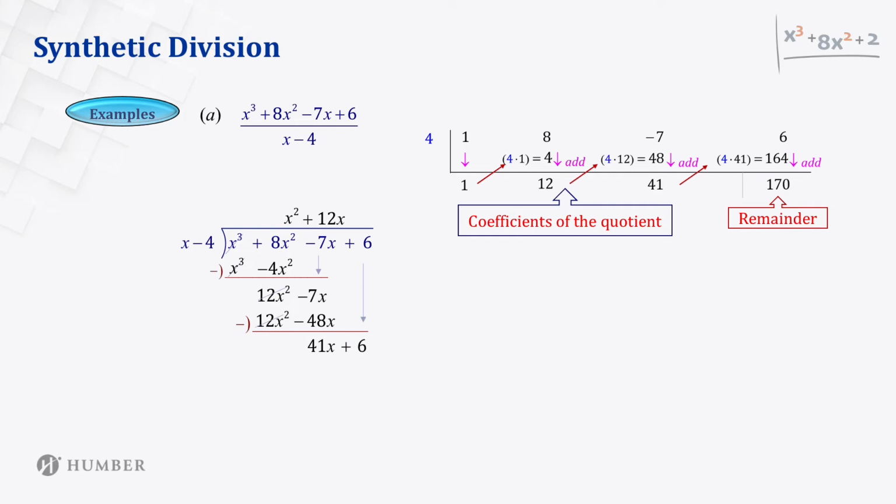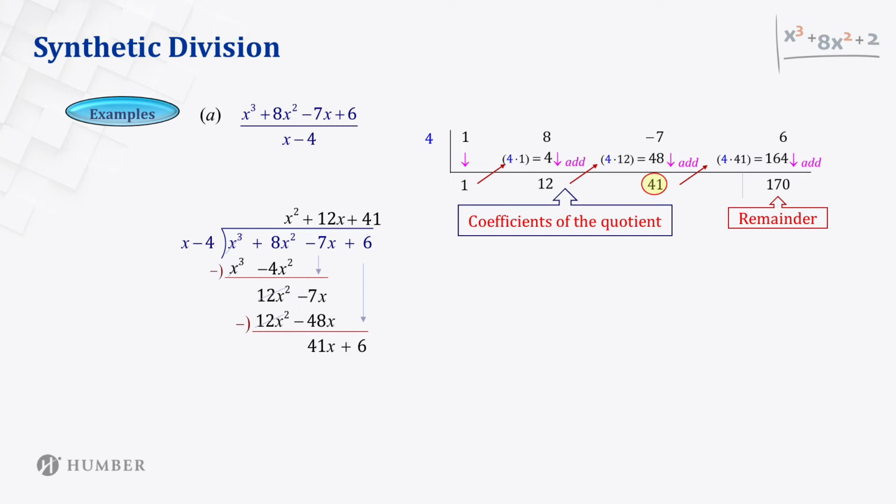We know that this 41 is a part of our answer, and we can see it in the synthetic division as well. So 41x divided by x is 41, and write it in the quotient. The 41 matches with the same value in synthetic division.